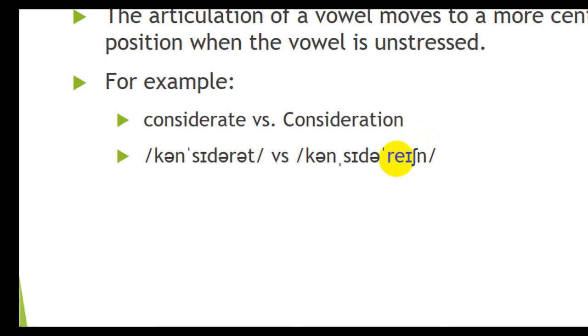Also in the other way around, if we change from 'consideration' into 'considerate', the syllable 'ray' from strong form becomes weak form. That is the vowel reduction.